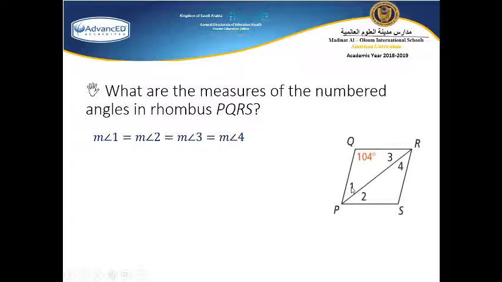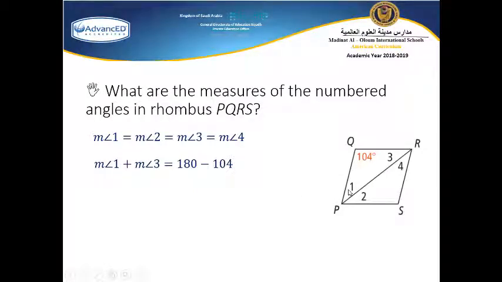We can find the measure of angle 1 and angle 3 from this triangle PQR. Here the given angle Q is 104, then we can find the measure of angles 1 and 3 by subtracting 104 from 180.